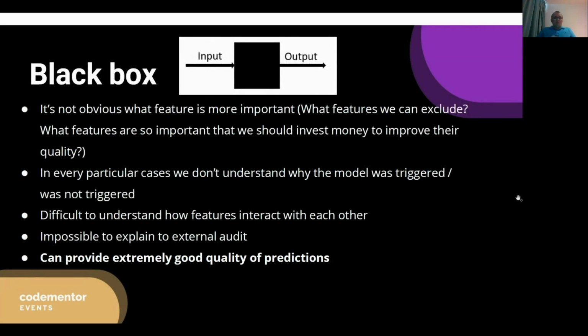So the black box is the opposite of logistic regression. In the case of a black box, we have just input and output, and something inside. And it may not be a real black box. It can be some kind of gray box.